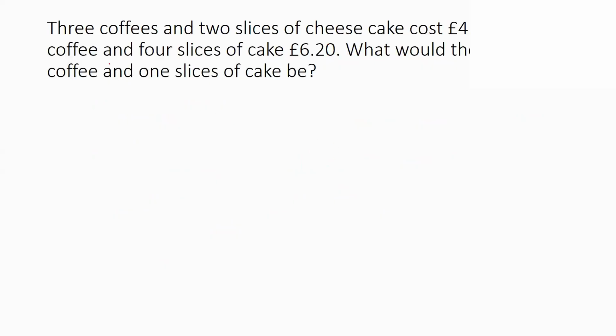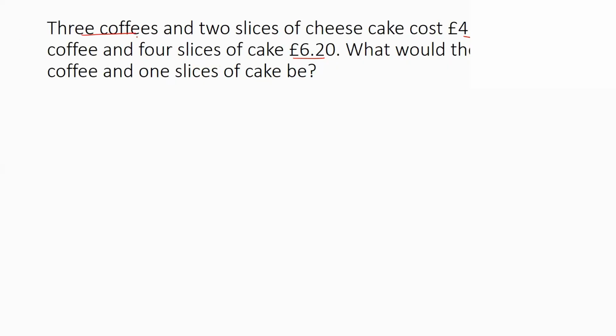So if, for example, 3 coffees and 2 slices of cheesecake cost 490, and then 2 coffees and 4 slices of cake cost 620. So what would the cost of 2 coffees and 1 slice of cake be? In this case, we have to form an equation first.